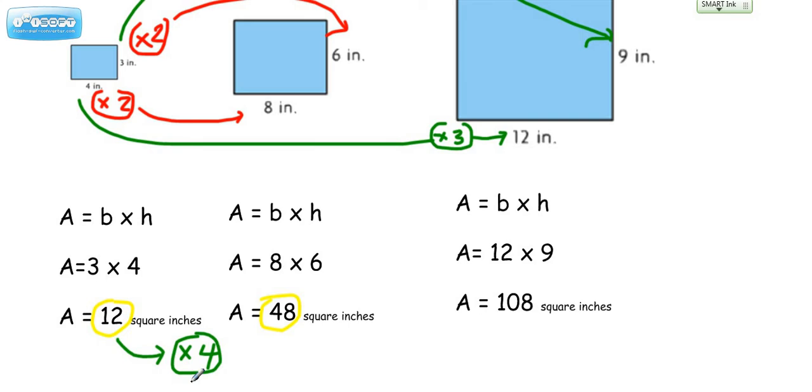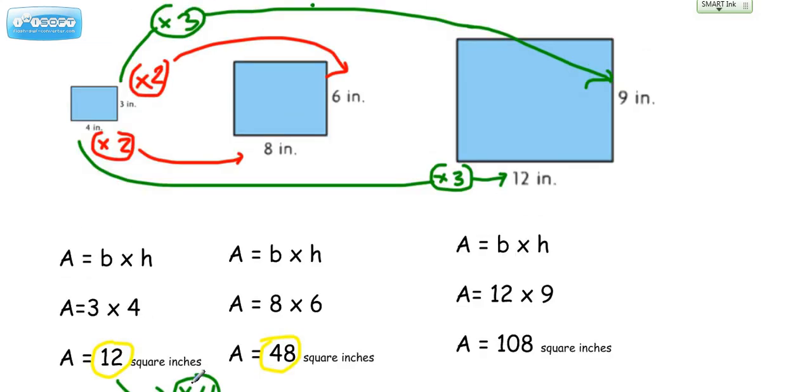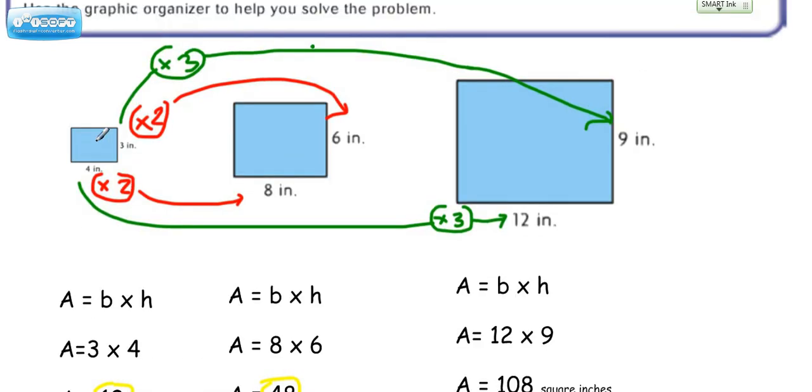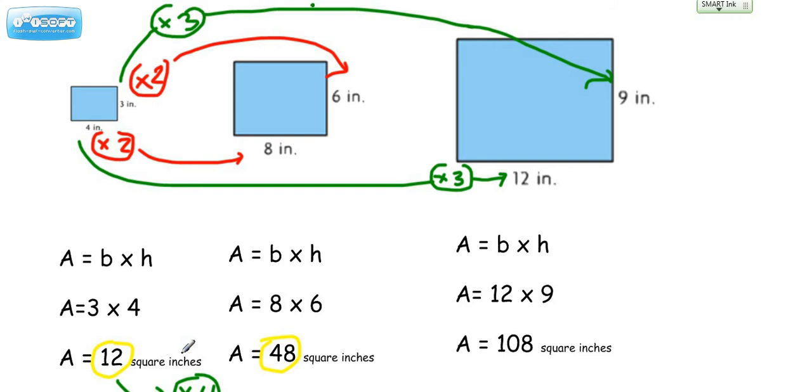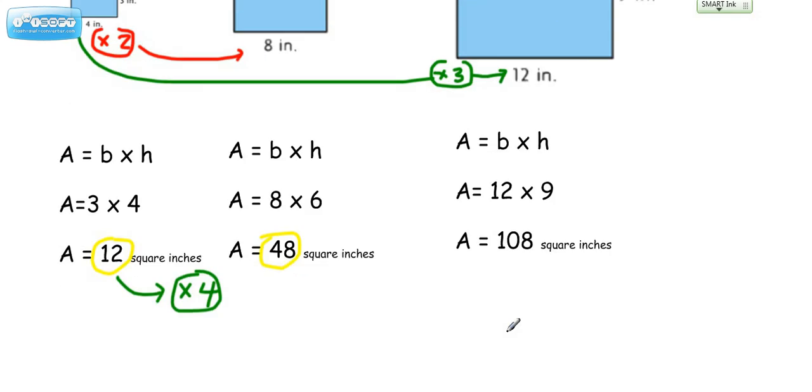Let's see how it might work with the larger shape and the multiplying by 3. Now remember, the original area was 12 square inches. If we found the area of the larger one that was multiplied by 3 for both sides, we would get 108 square inches. Now let's ask ourselves, what would we have to do to the 12 to get this number?